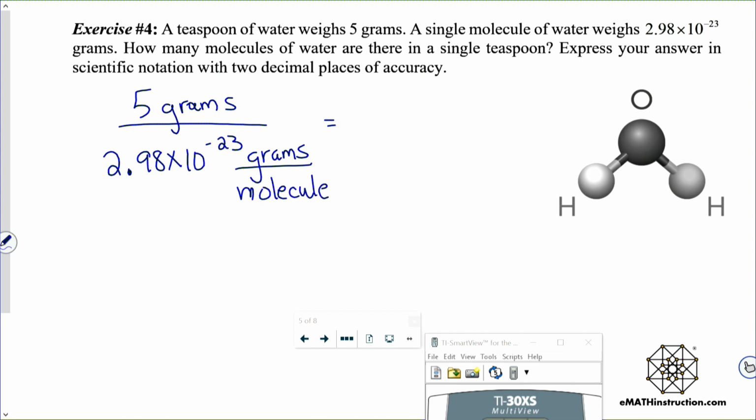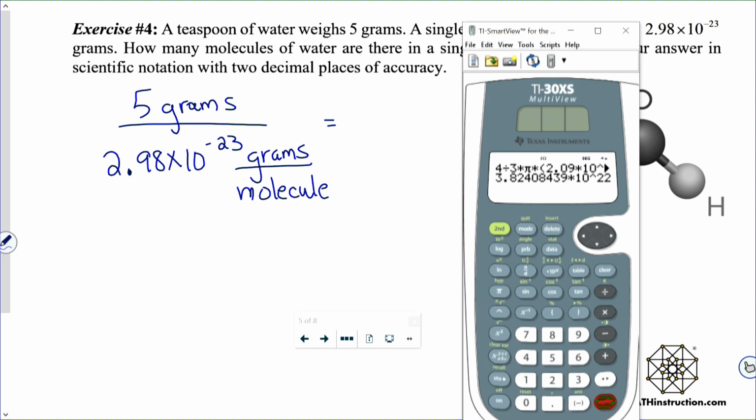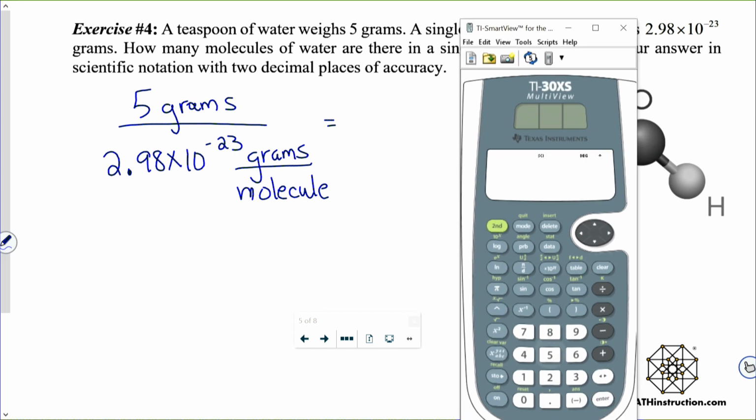All right, let's see what this gives us. Clear this out. 5 divided by, get my parentheses going here, 2.98 times 10 to the negative 23rd. I think we got it all there.